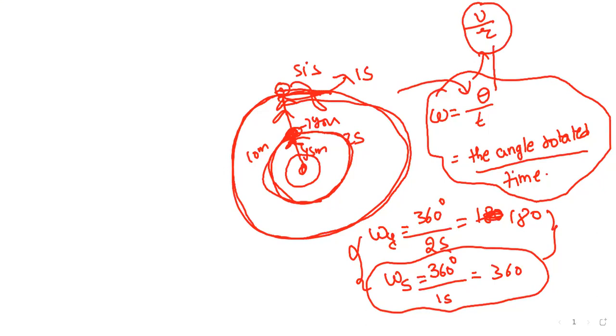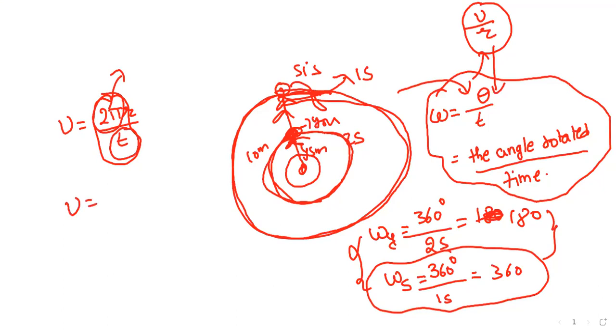Because we just now solved the tangential velocity v equals 2 pi r upon t, right? So from here you can see, what is 2 pi upon t? 2 pi is the angle covered. 2 pi is nothing but 360 degrees, and t is the time taken.